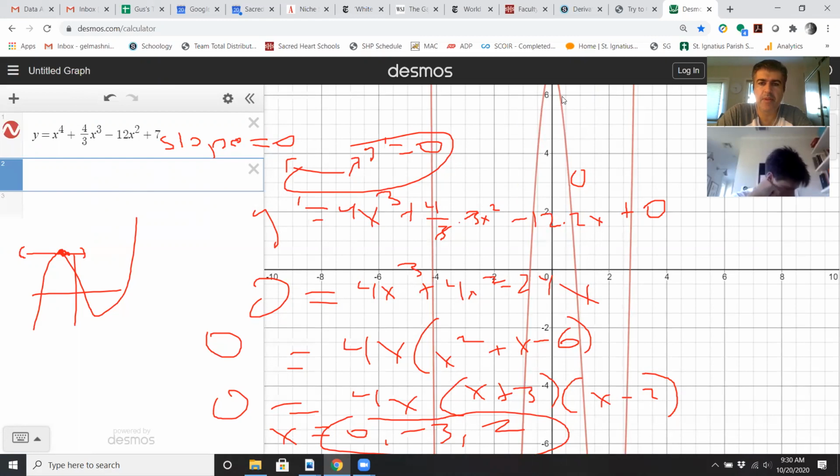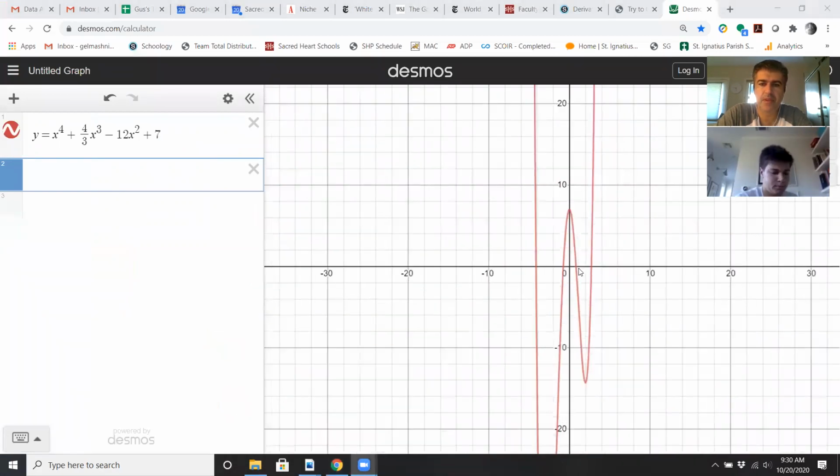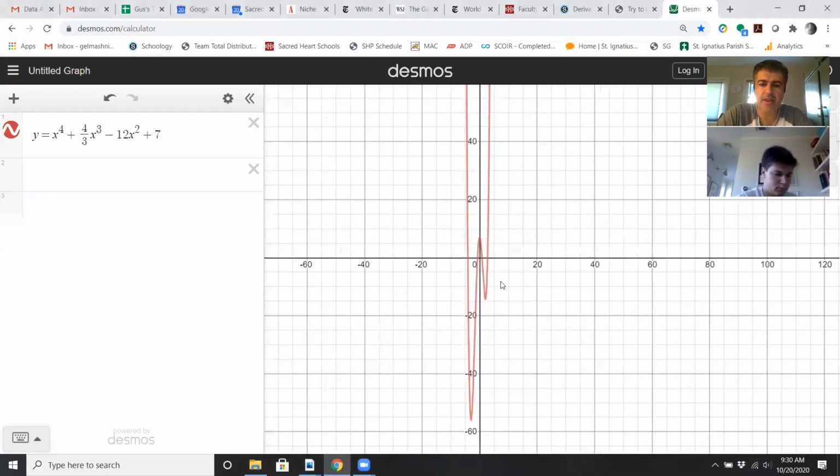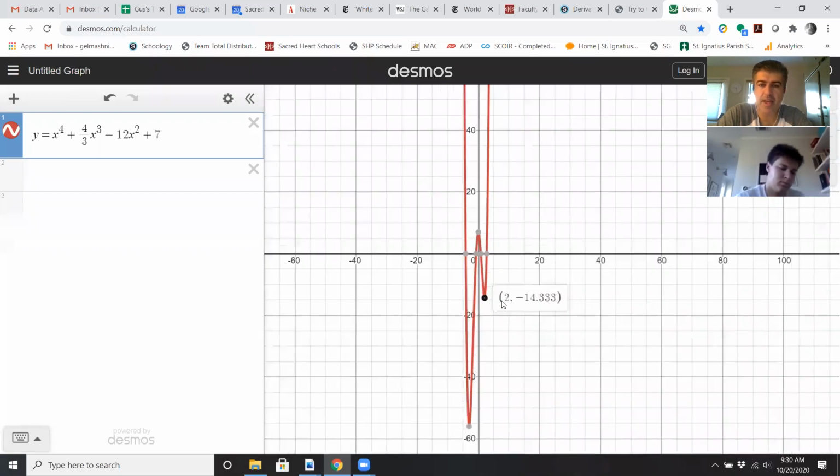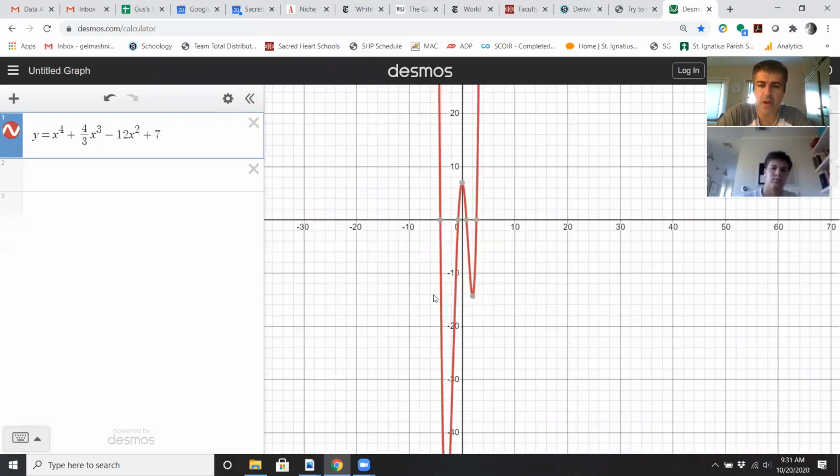Okay, let me clear my screen first. I'll undo it. But we kind of see that if I were to trace, it seems like I hit a low point at -3, a high point at 0, 7, and another low point at 2, -14.33. So it seems as though that's where I'd have horizontal tangents. That's one way you can do it.